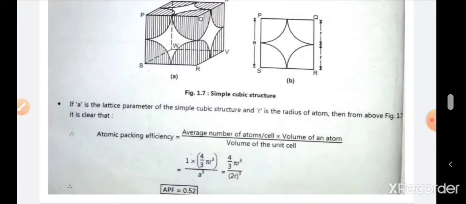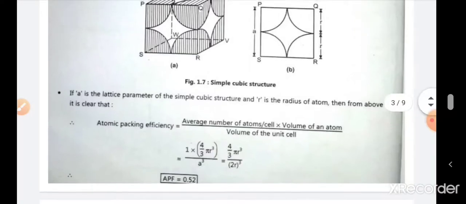Now if you check very well, in the numerator it is multiplied by 1. That one is the number of atoms in a unit cell in case of simple cubic structure. As we know very well, in case of simple cubic structure, the number of atoms is 1.